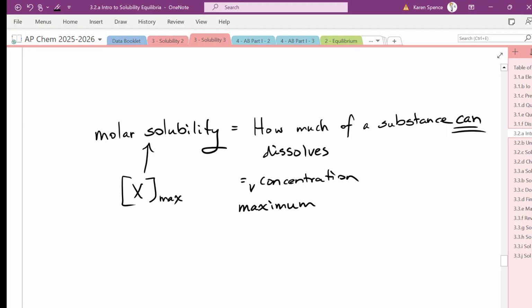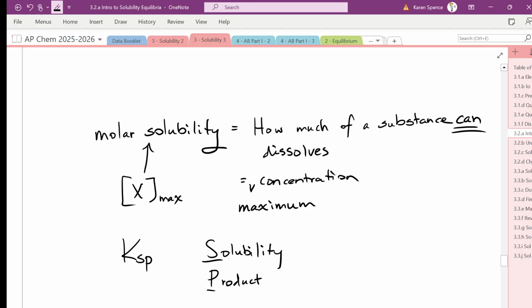And reminding ourselves of that, what is KSP? What does the SP stand for? S stands for solubility. And P stands for product.